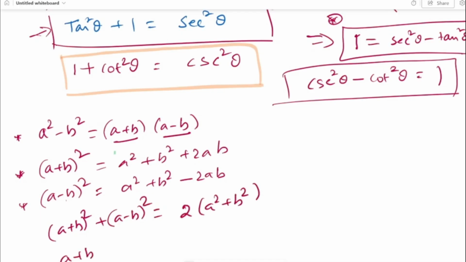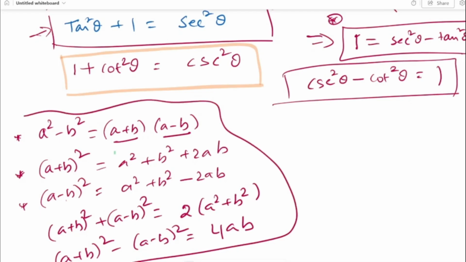Likewise, a plus b whole square minus a minus b whole square is equal to 4ab. Why are we doing all this? Because we're going to solve some example problems of trigonometry which involve algebraic formulas and their simplification.